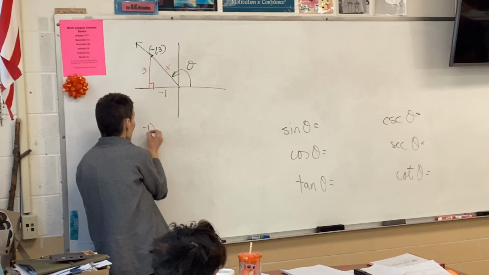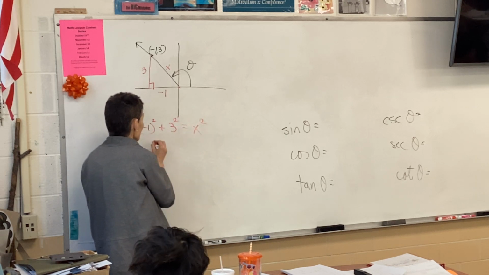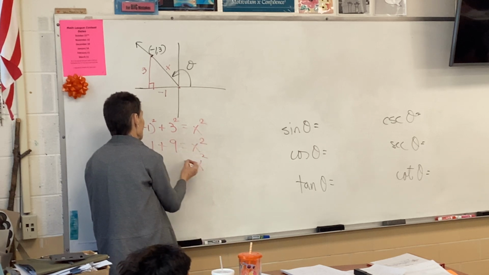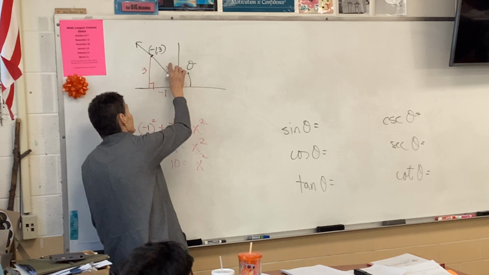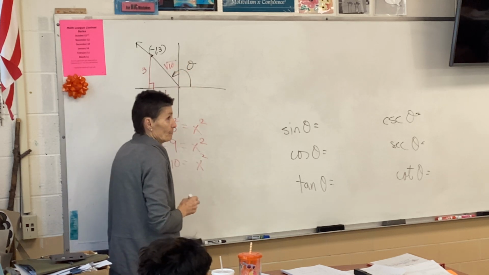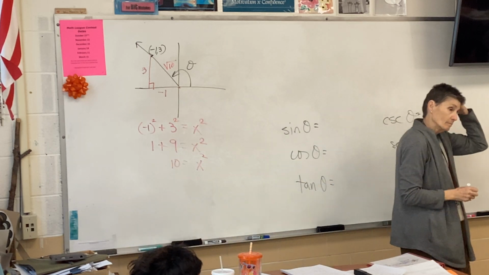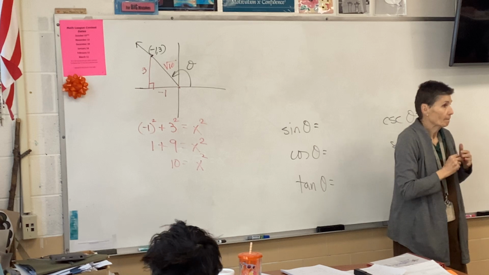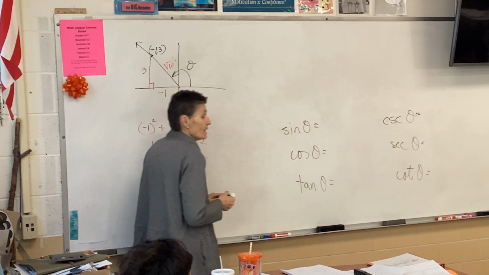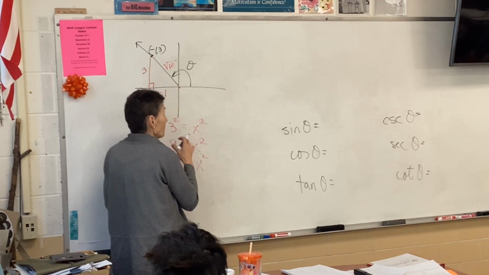So negative 1 squared and 3 squared equals x squared. So 1 plus 9 equals x squared. Did you get the square root of 10? So now we're actually ready to write our answers as soon as we figure out what's opposite, adjacent, and hypotenuse.